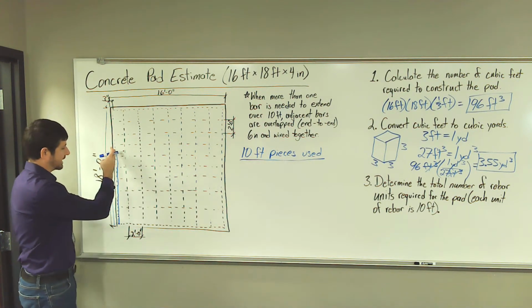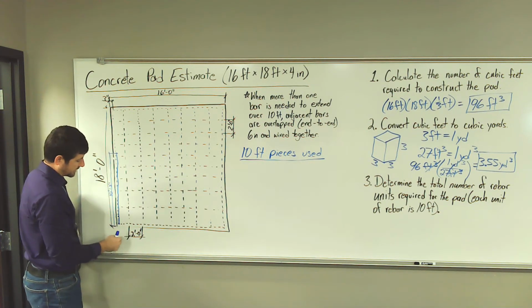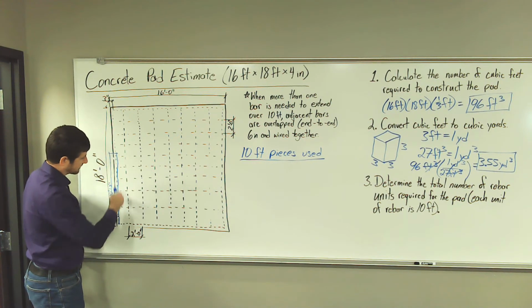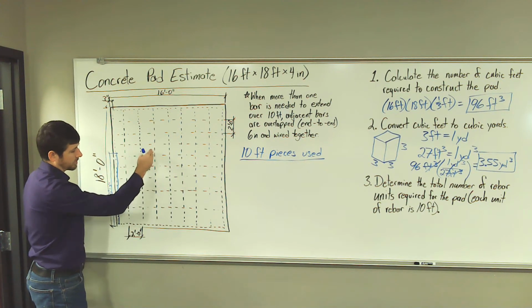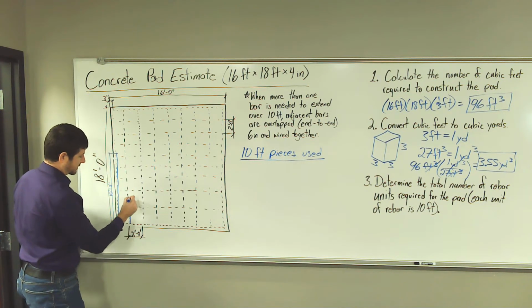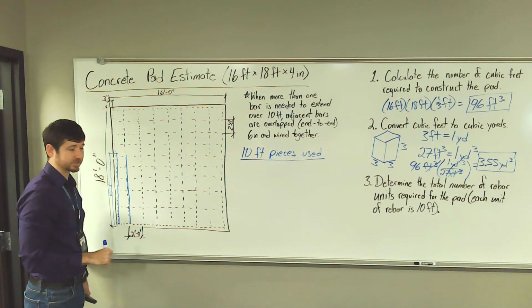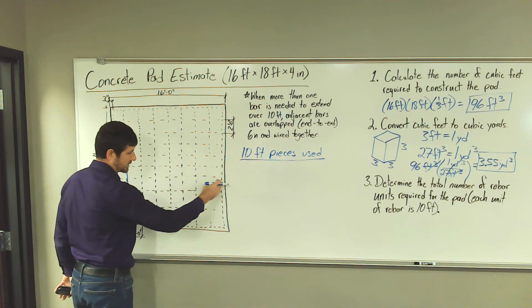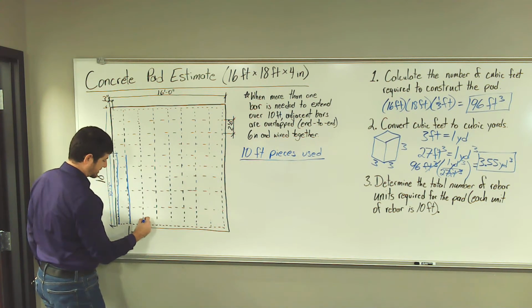Now, we're going to lay 1 bar. So we've got it vertically here. We're going to lay 1 bar on each of the dotted lines here. So there's 2 10-foot sections, and we're just laying down whole 10-foot sections here, okay?